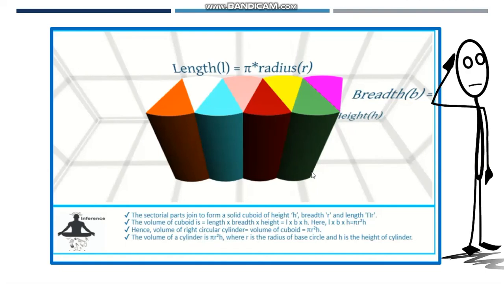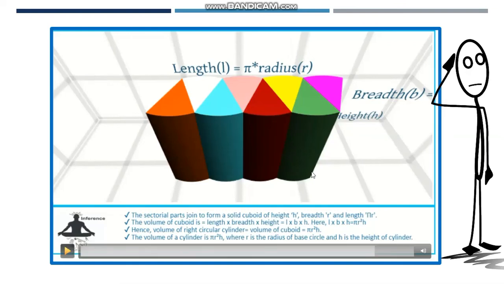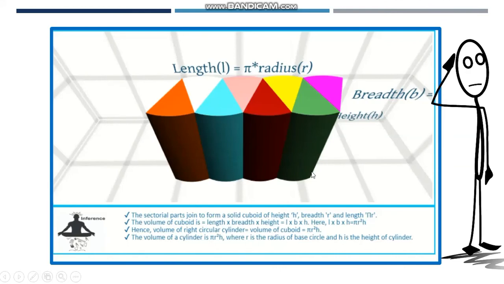Pi times r squared times h. When we think of the shape of a right circular cylinder, it is the same thing. First we find the area of the circle, which is pi r squared, and we multiply it by the height.